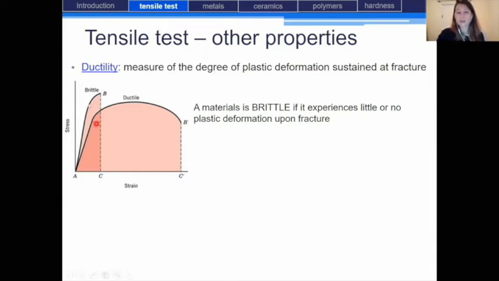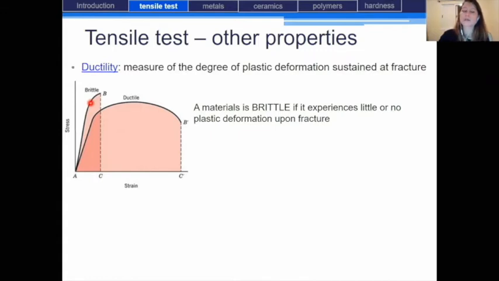And you can notice some differences between the other properties of a brittle and ductile material: brittle materials generally have a high elastic modulus and a stress at fracture that is quite close to the yield point.